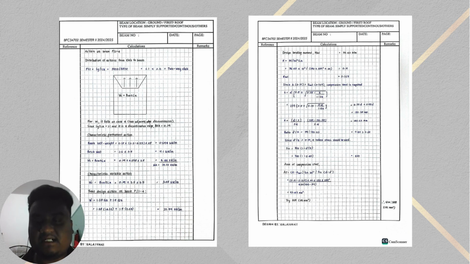For this beam, the area of compression steel that we need is 97.47 millimeter square, which based on Eurocode, we can try to use the reinforcement 3H12, which is 151 millimeter square in area.